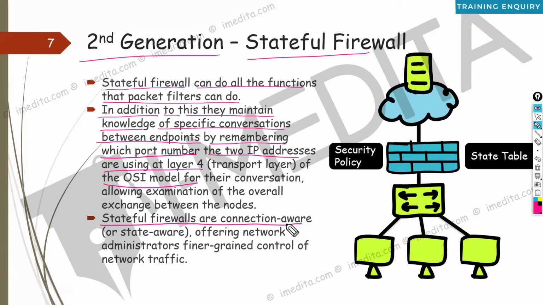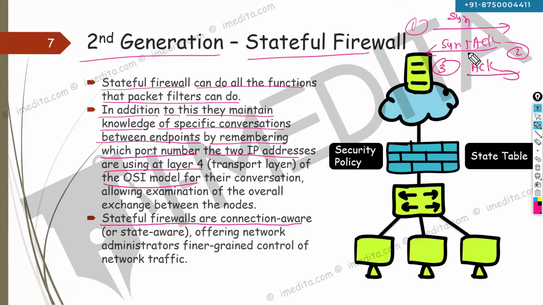Connection aware means they follow the procedure that the first packet must be SYN, the second packet must be SYN plus acknowledgement, and the third packet must be acknowledgement. If client and server follow this procedure, only then is data exchange allowed, otherwise data exchange is not allowed. So this is called stateful firewalls being connection aware.